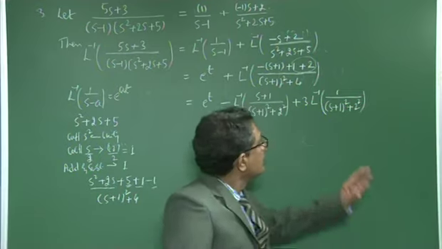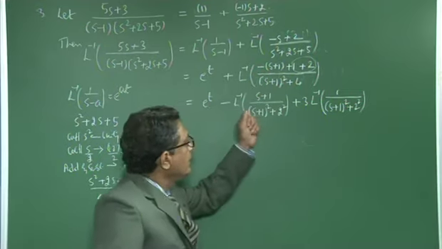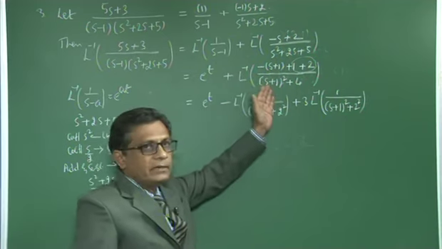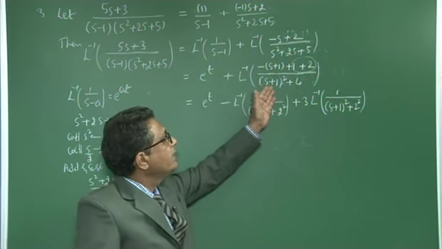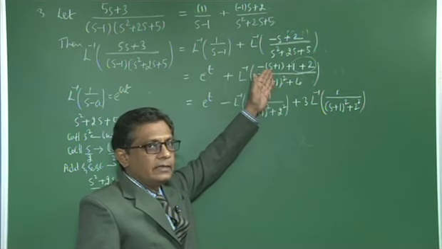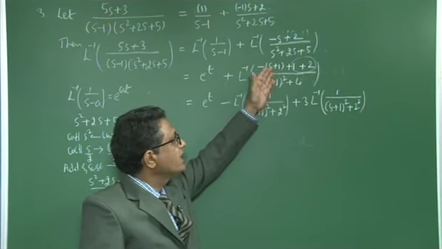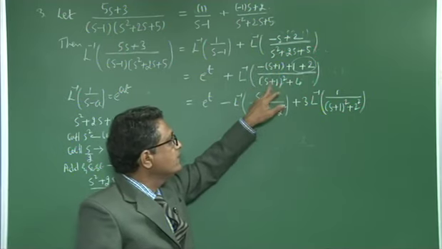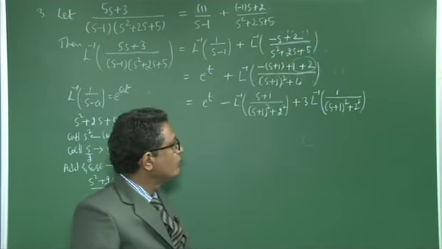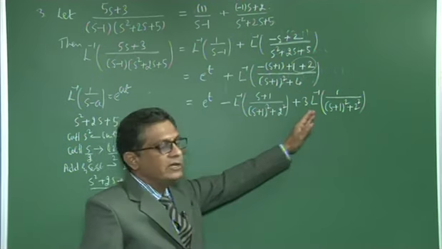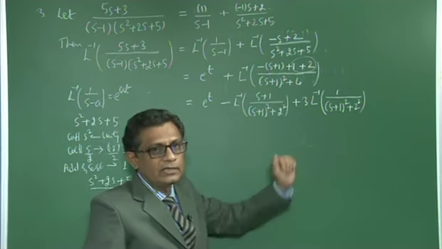For linear by quadratic, here you have to make the denominator a perfect square and make the numerator s. If s is there, you have to make s as in the denominator. That means you have to make an adjustment in the function, then split into 2 terms.